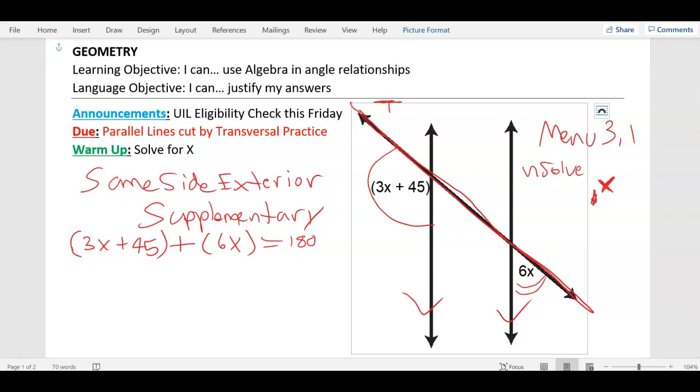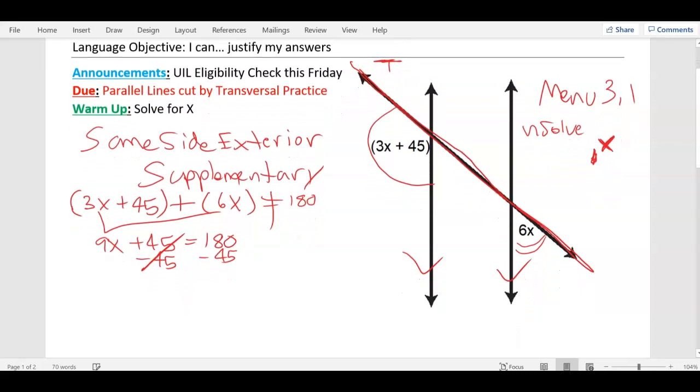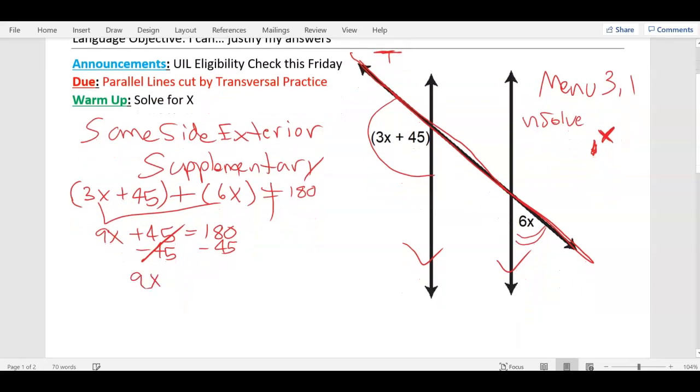Does everyone see on the same side of the equal sign, I have a 3x and a 6x. Those can combine. 3x plus 6x is 9x. Bring down plus 45. Bring down equals 180. When I have a two-step problem, I want to get rid of the loner, which is 45. What's the opposite of a positive 45? A negative, or subtraction, minus 45, minus 45. So I got 9x equals 135.